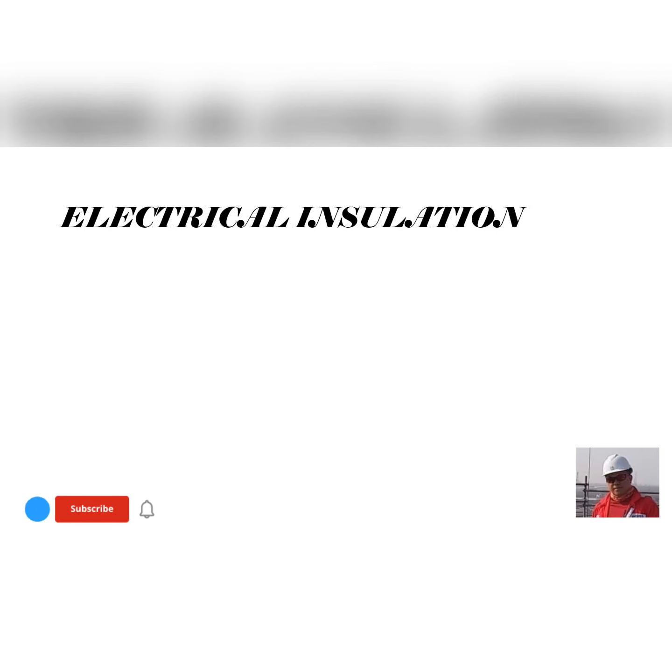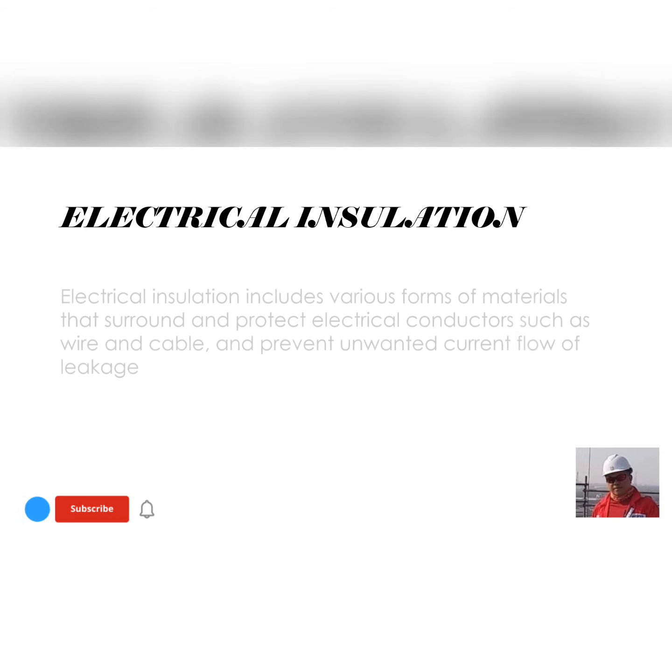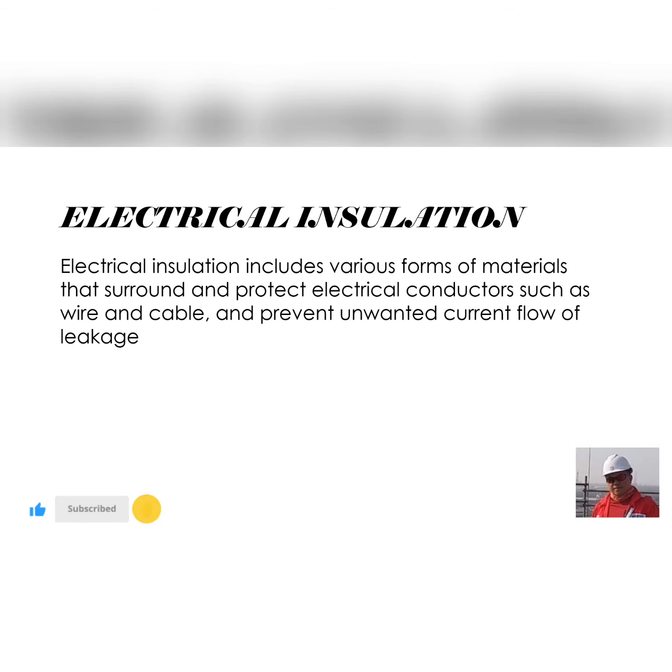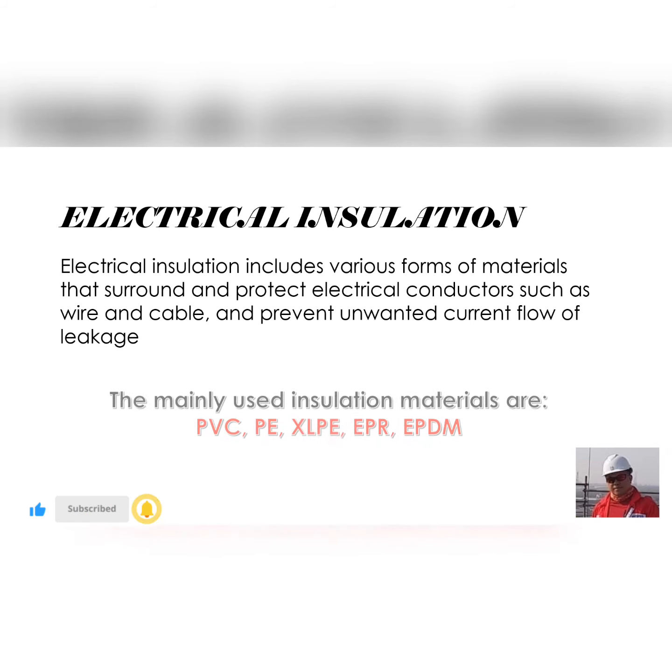So, electrical insulations. What do you mean by electrical insulations? Electrical insulations include various forms of materials that surround and protect electrical conductors such as wire and cable and prevent unwanted current flow or leakage.